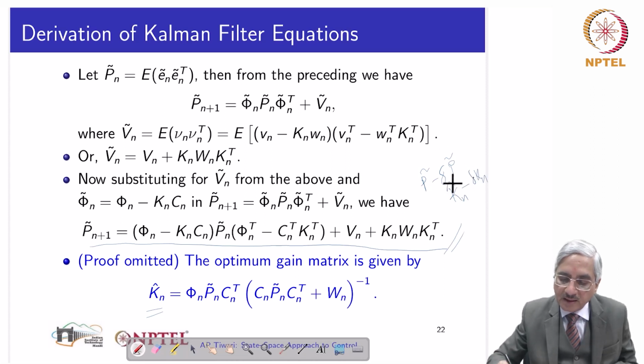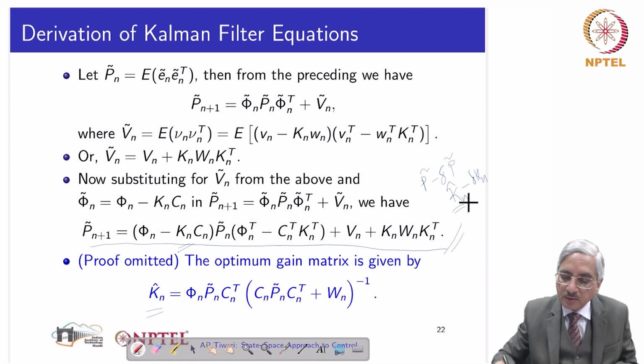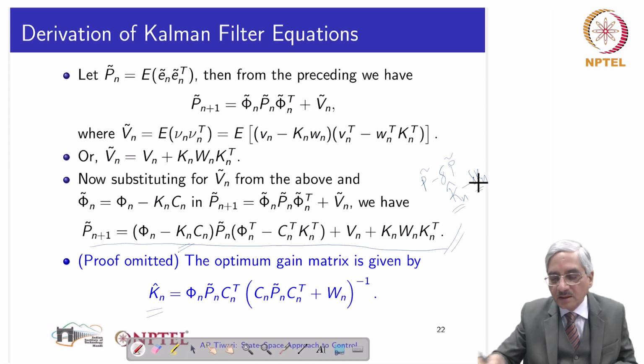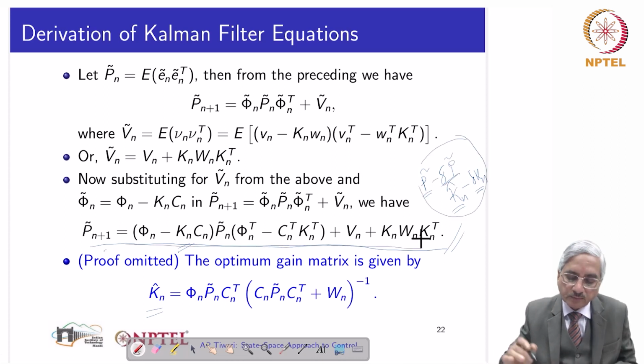So if Kn has optimum value Kn hat, and we say that this Kn is non-optimal, then it will be optimal value plus or minus some deviation. And so accordingly this P will have an optimum value and a deviation. So we make this substitution in this and do a lot of manipulations.